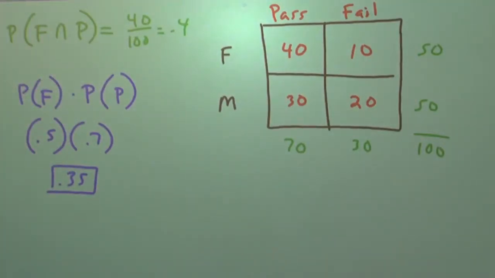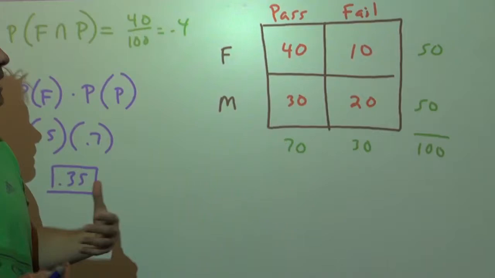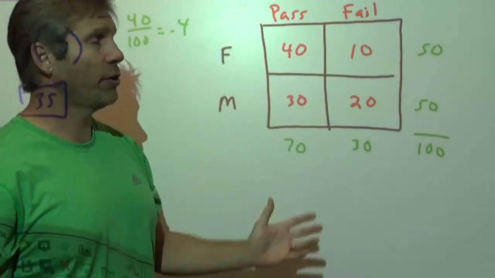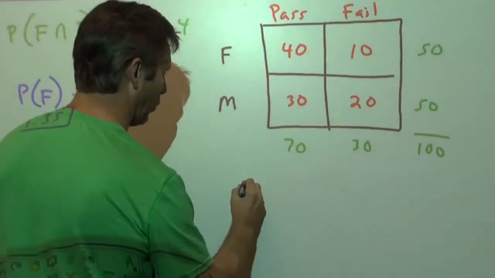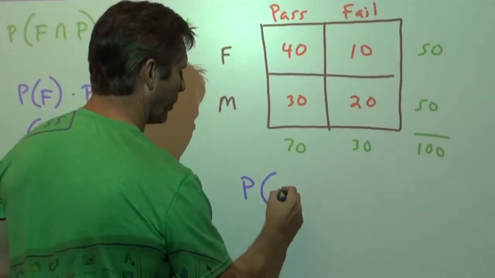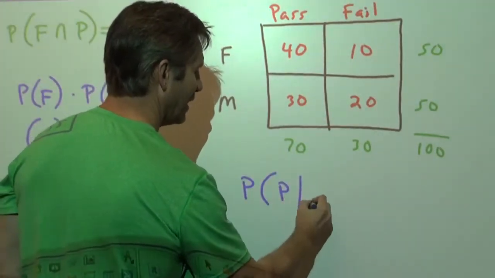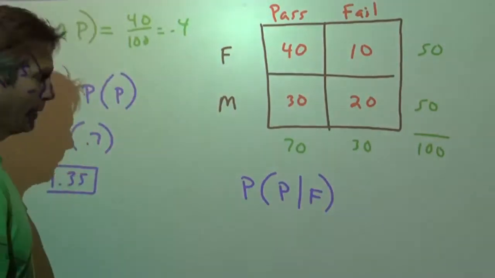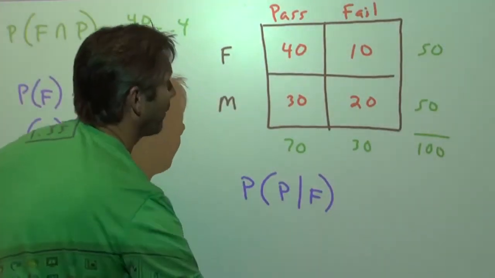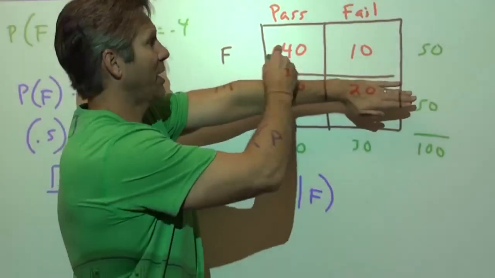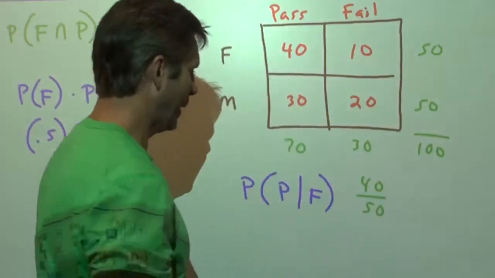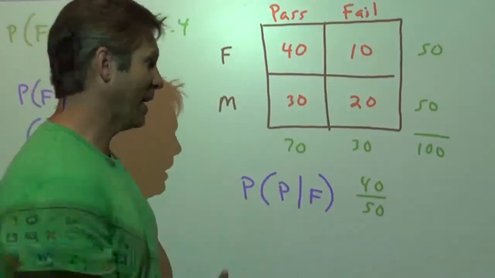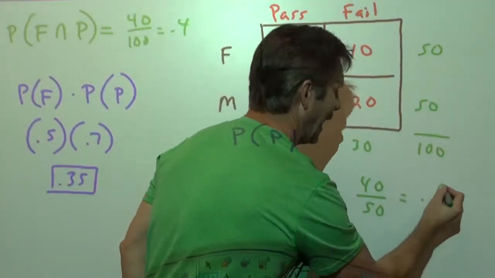That should make sense, because it should depend on your gender as to whether you pass the test or not. And this is the second way to do the test: what's the probability that you pass the test given that you're a female? If you know that you're a female, that shrinks the sample space down to those 50 people. 40 out of 50 females passed the test. That's 0.8.